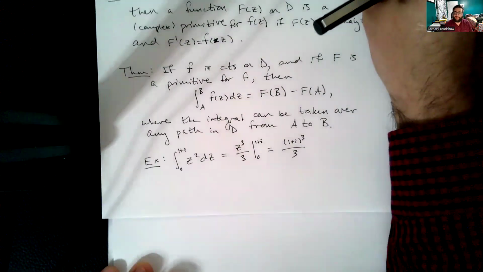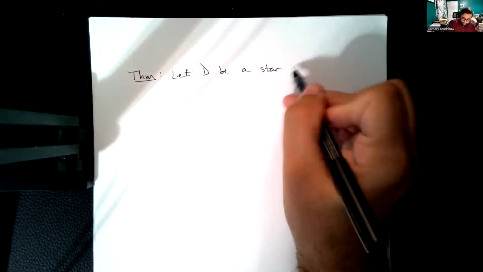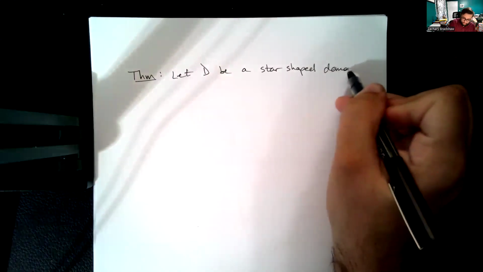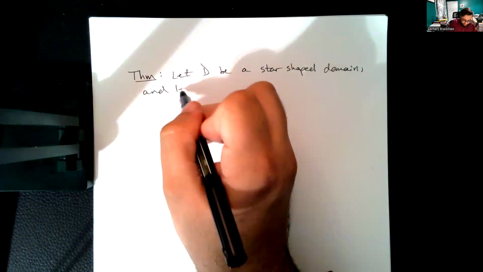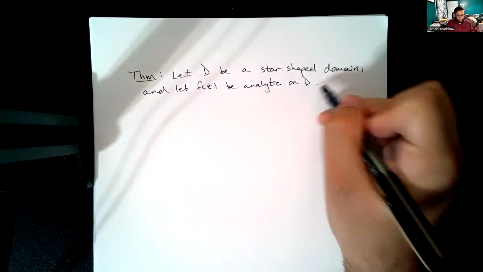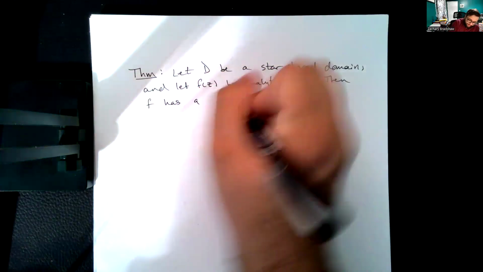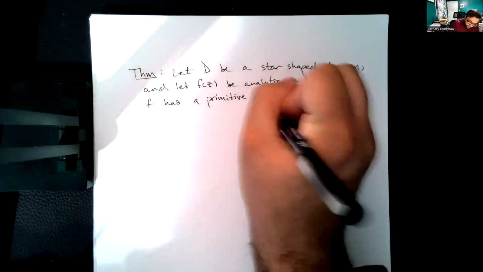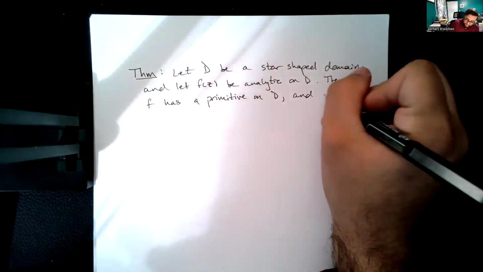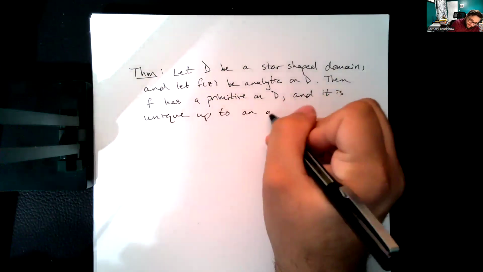The other version of the fundamental theorem of calculus also still holds. In your usual first course in calculus, you see it written as a part 1 and a part 2. This is the part 2. So let f be some analytic function on a star-shaped domain D, then f has a primitive on D, and it is unique up to an additive constant.